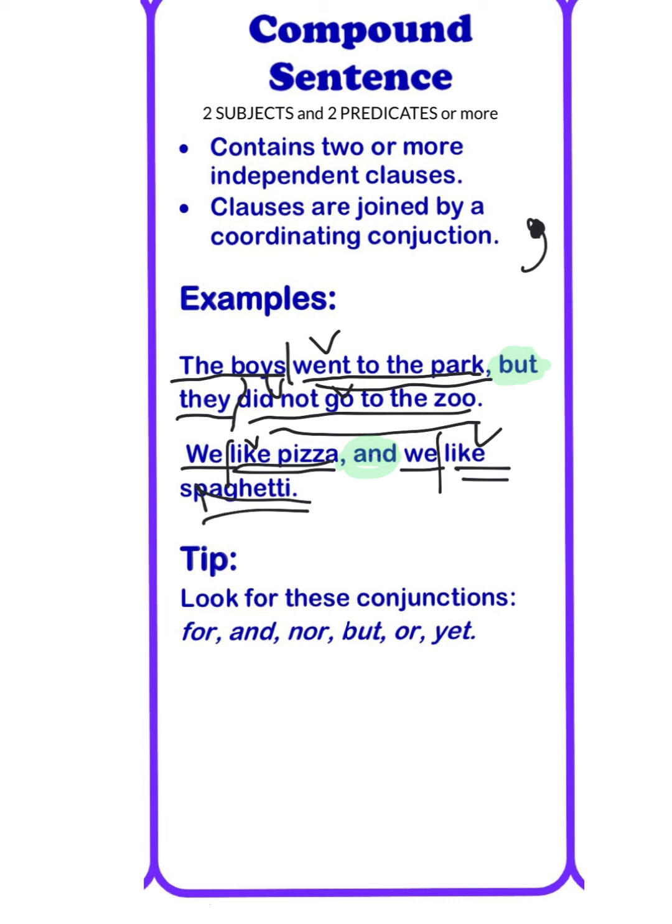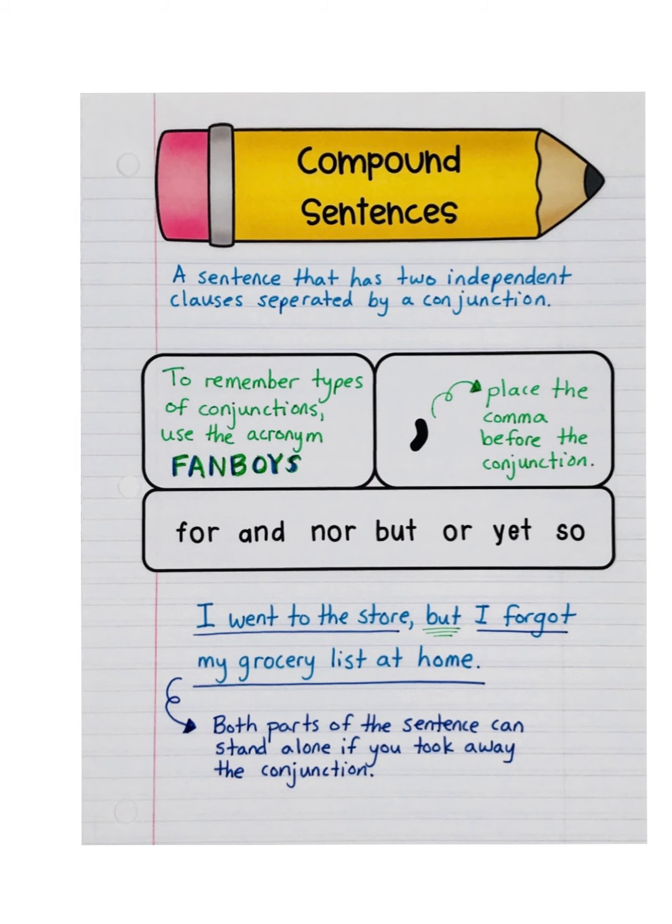A tip on compound sentences is to look for these conjunctions: for, and, nor, but, or, and yet. A compound sentence is a sentence that has two independent clauses or two simple sentences separated by a conjunction.